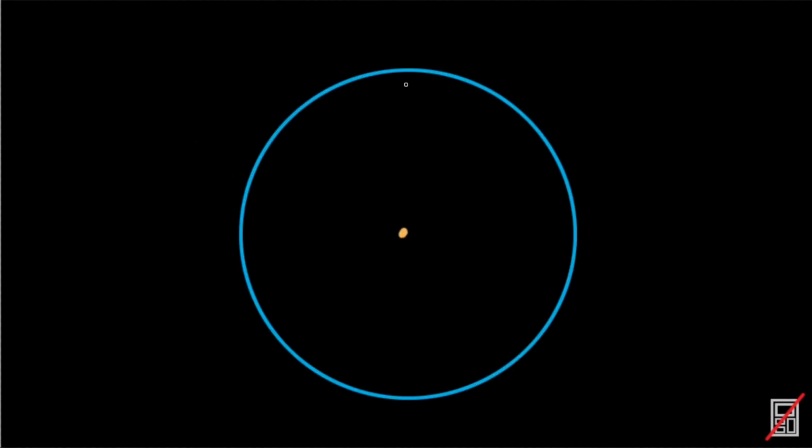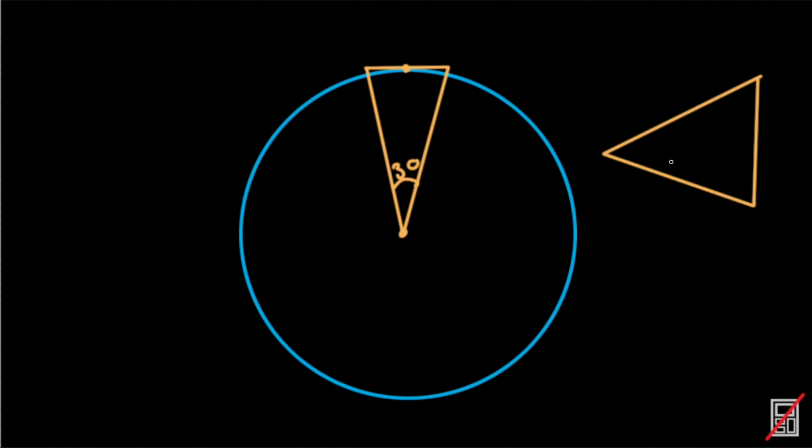So if we draw the outside part of this, we still have this 30-degree angle. However, the distance to this altitude is now 1. So we have to use a bit of trigonometry.